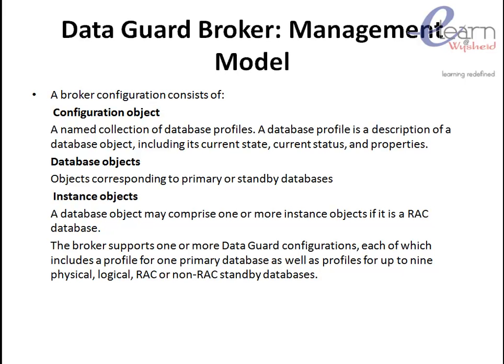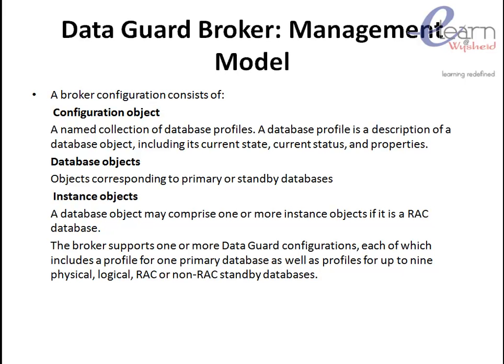Whenever a configuration object is being created, at that time it will be created only with a primary database. The configuration is created with the primary database details, and by default the instance details will be taken from the associated instance from which you are executing the command.